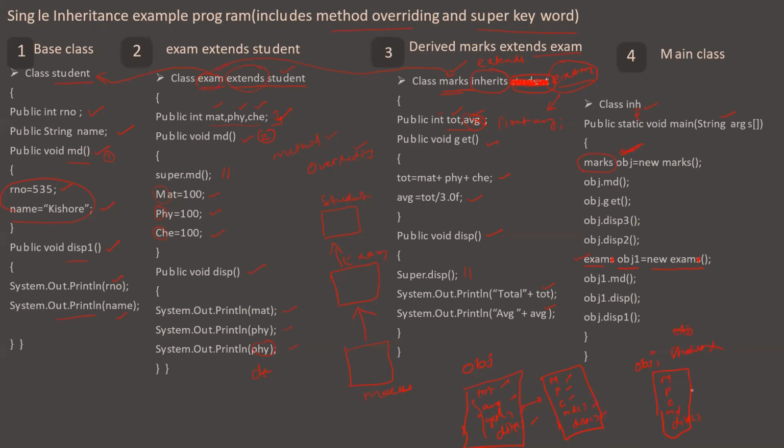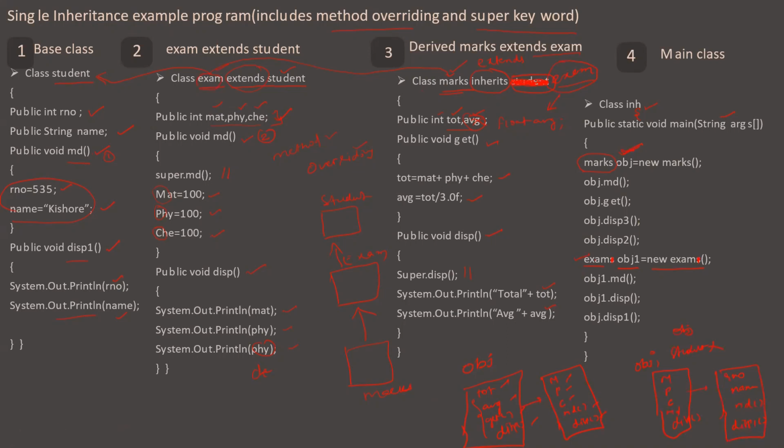So this obj1 also consists of the properties of your student, that is roll number, then name, then the MD method, then disp1. Now this obj1 can access all these properties, and the other object can access its properties. Clear?